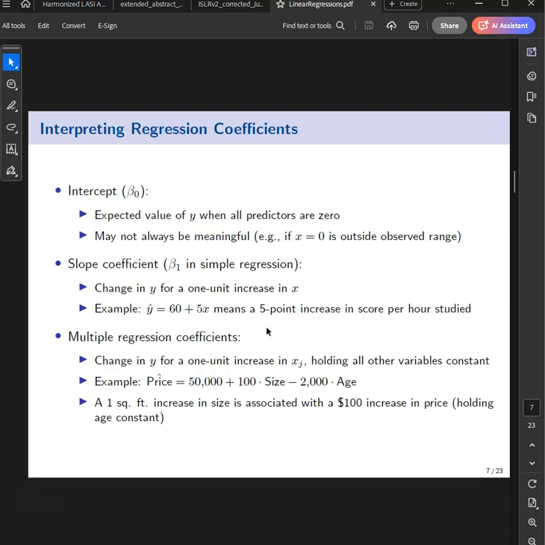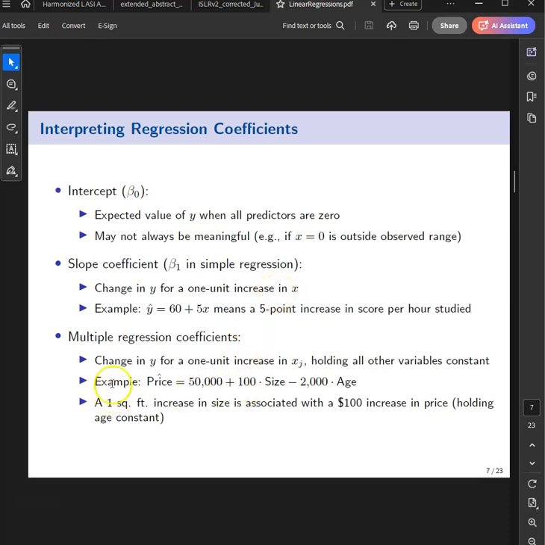What it also means is that not every time you increase the value of x by 1 unit, your value of y will go up by 5 units. It won't happen every time. Sometimes that increase will be more than 5, sometimes that increase will be less than 5 as well. But on average, if you increase the value of x by 1 unit, the value of y will increase by 5.